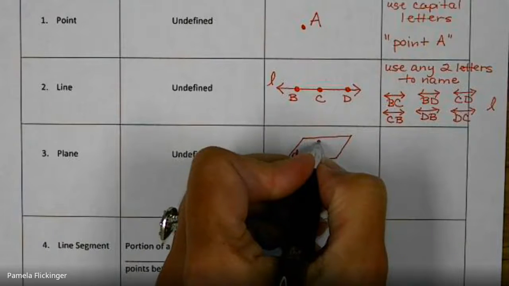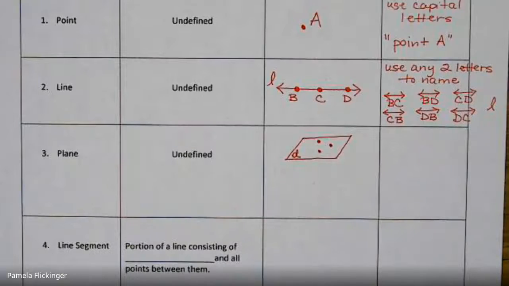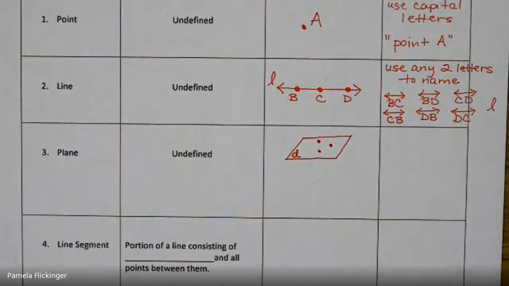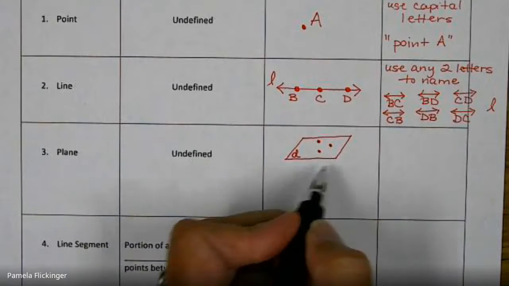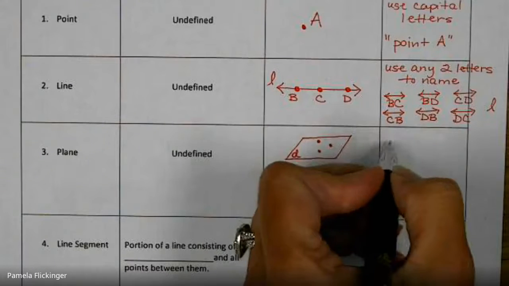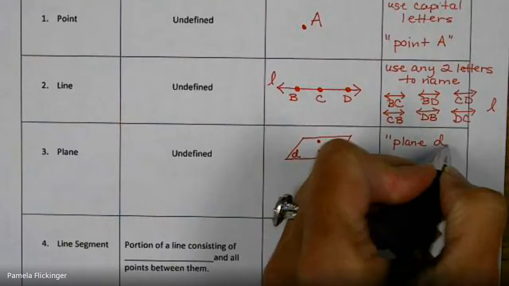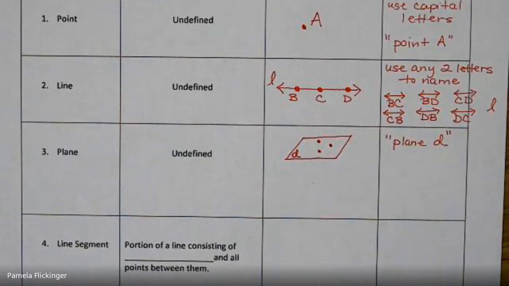Or there might be points on this plane. There might be lines on the plane, but there must be at least 3 points on the plane to use that to name it. Okay, so just for this picture, this would be called plane D. And again, make sure the D looks cursive.